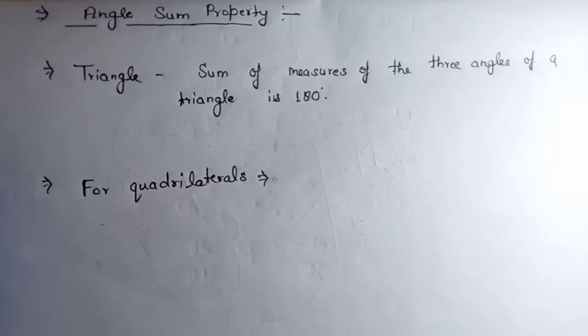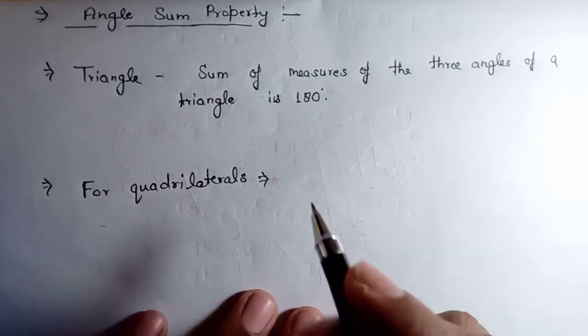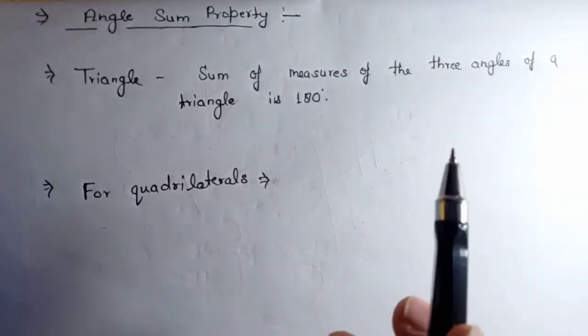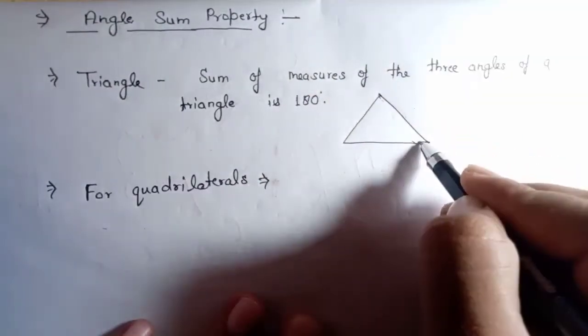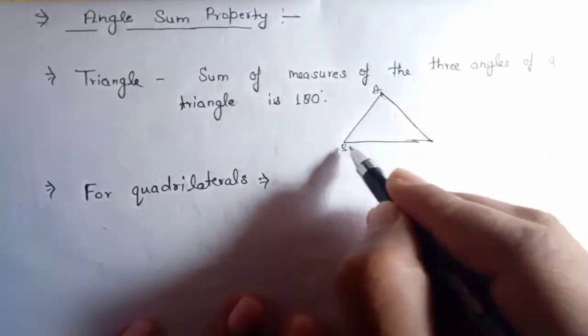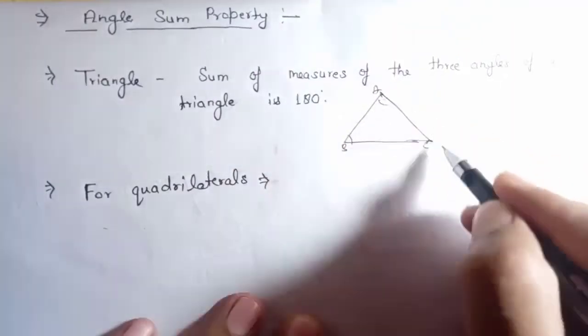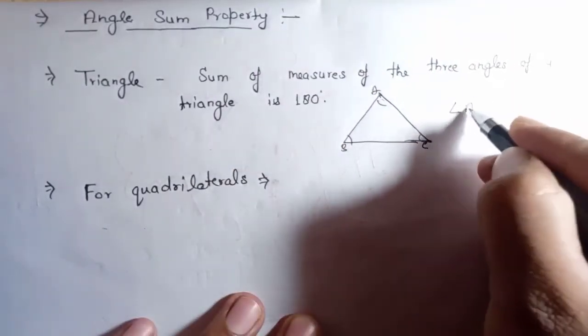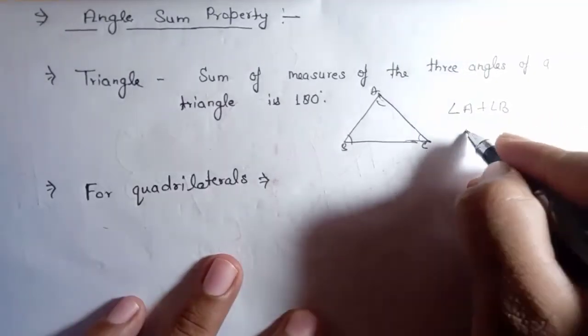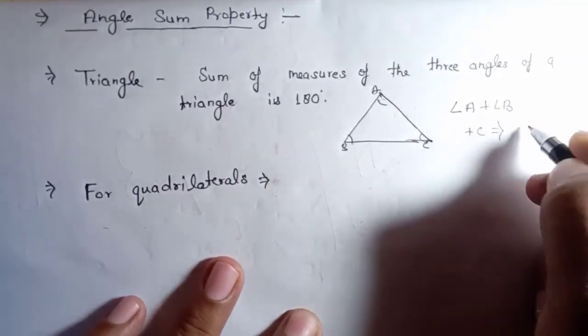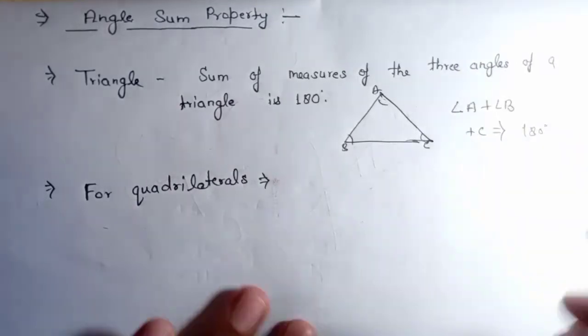Now let's discuss the angle sum property, and first it is for a triangle. In our previous classes we came to know that the sum of measures of three angles of a triangle is 180 degrees. This is a triangle ABC, and you know that the sum of all these angles, angle A plus angle B plus angle C, is equal to 180 degrees.